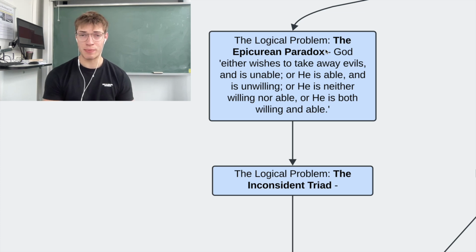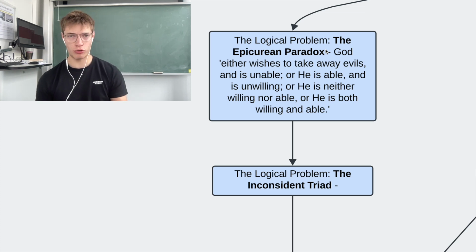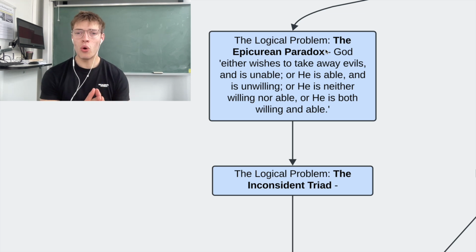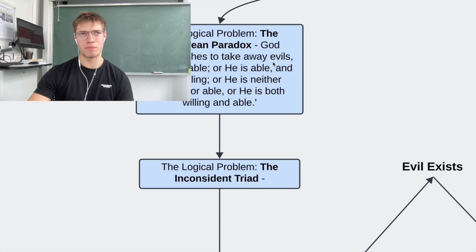Or he is able and he is unwilling, criticizing God's benevolence. Or he is neither willing nor able, taking away both qualities. Or he is both willing and able, but evil still exists. All of those options lead to a problem.